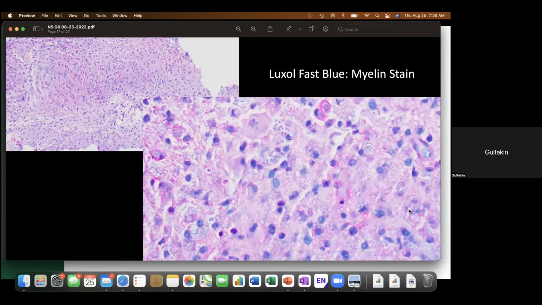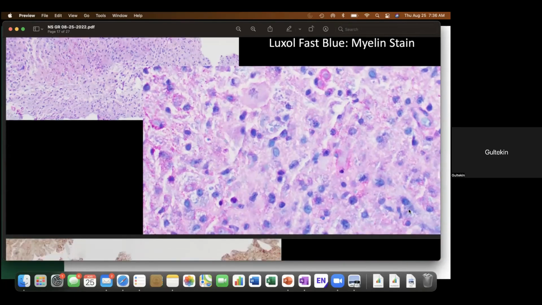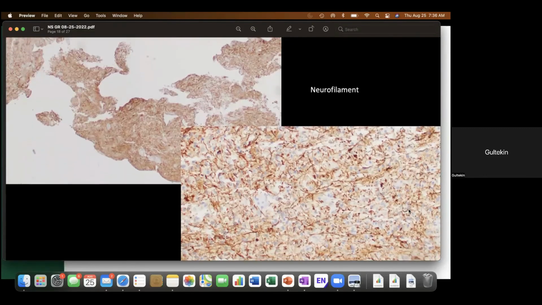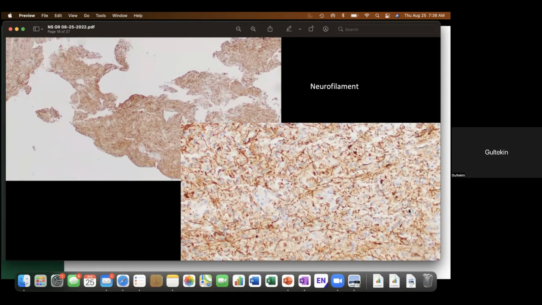So there seems to be some active demyelination here, which will be corroborated by the next slide, where we do a neurofilament stain and we prove that axons are relatively preserved. Okay, so if the myelin is gone and the axons are preserved, that means there is a primary demyelination.